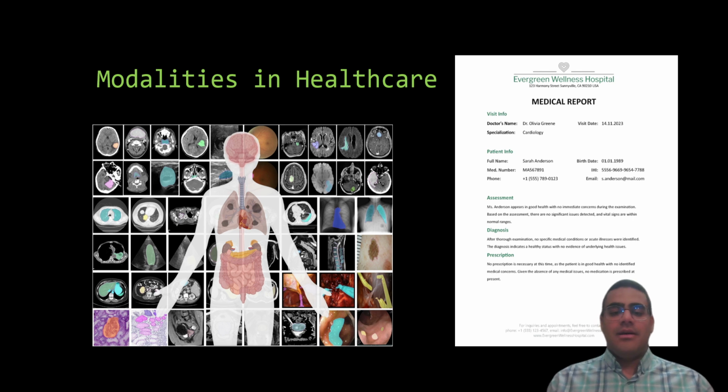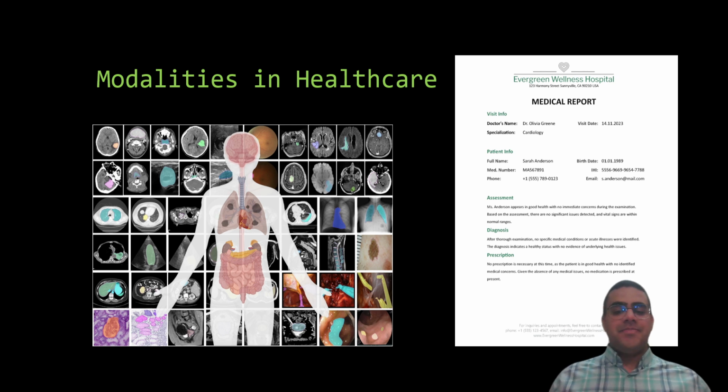He or she will also ask you to do some medical scanning, for example, an MRI or CT scan, which comes in the format of image. And the doctor may also send you to a laboratory to do some laboratory assessment and bring him the report of that laboratory, which is again in the format of text.